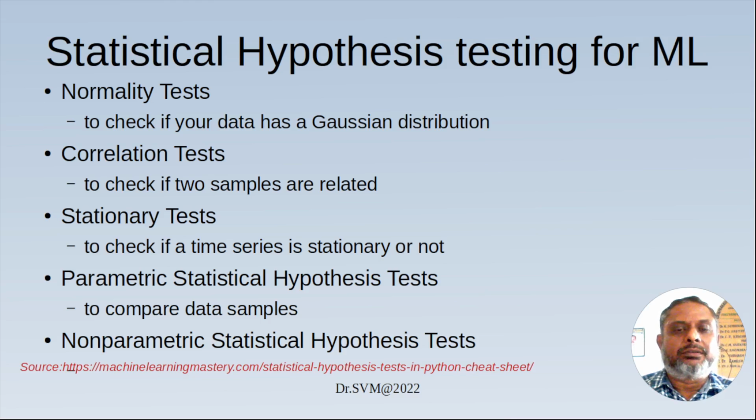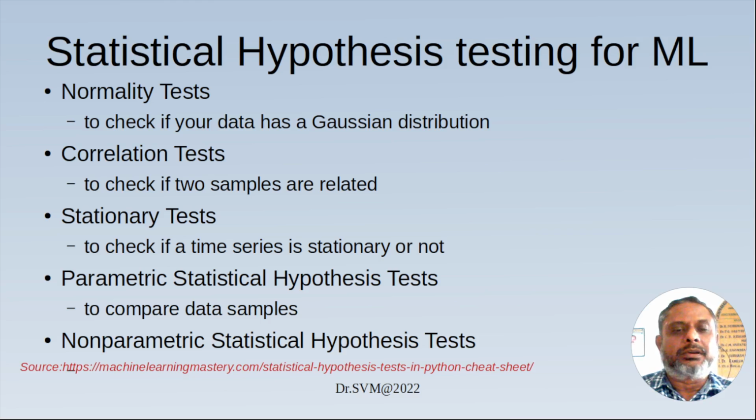Then we have a test for time series data, the stationary test. It checks whether the time series is stationary or not, that means whether it contains any trend or seasonality.